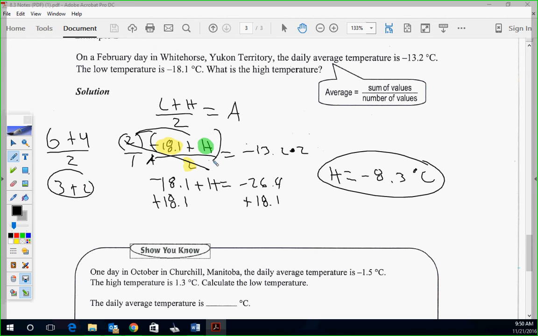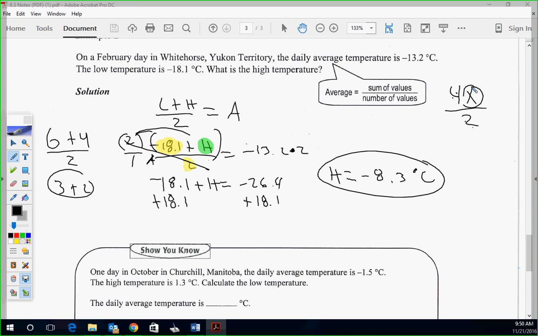So we put the brackets here, and we're just going to take care of it now because they are over each other. Another thing you guys might want to know, in math, if you have a 4x over a 2, these cancel, but the x just stays the same. So you think about this as your x. It stays the same, and we're canceling the number. Any other questions over there? We're good? Okay. So the high is negative 8.3.